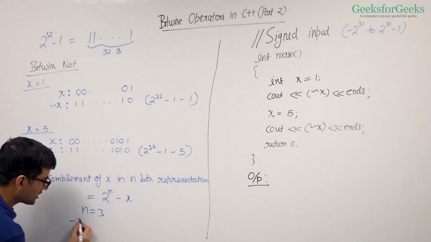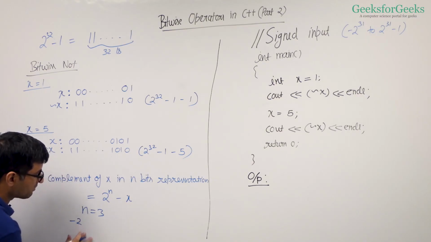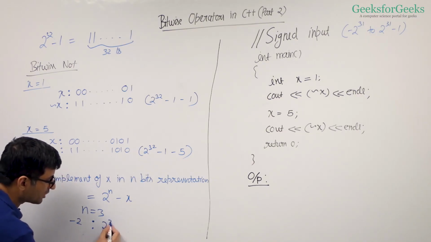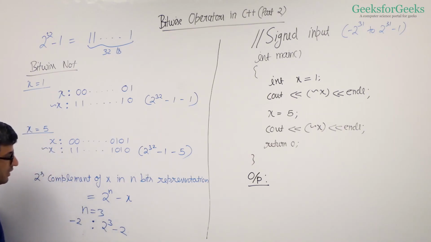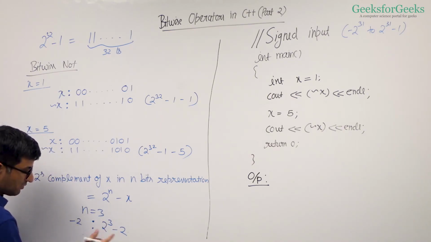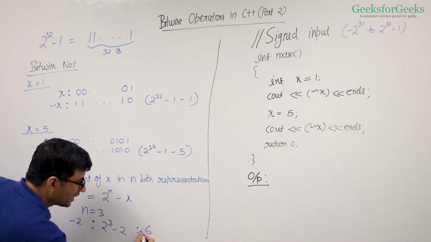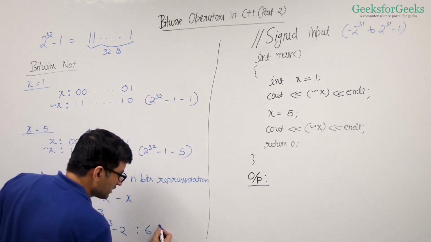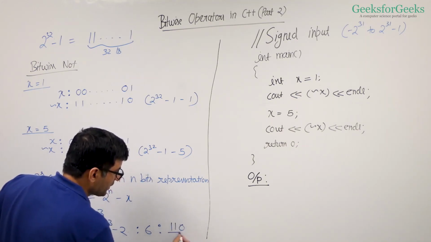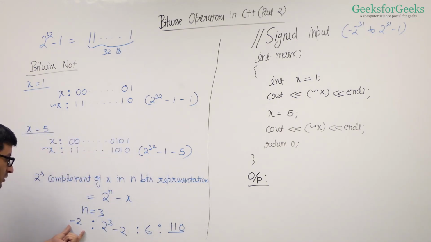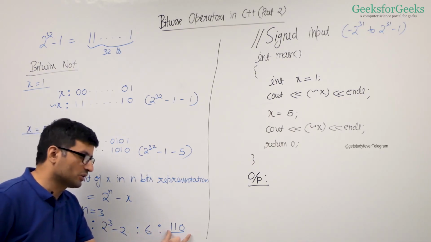How will you represent minus 2? You will represent it as 2 raised to the power 3 minus 2, which is 8 minus 2, which is 6. The binary representation of 6 is 1, 1, 0. So the 2's complement representation of minus 2 in 3 bits is 1, 1, 0.